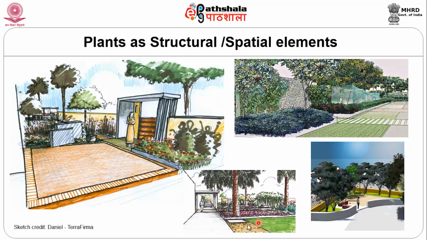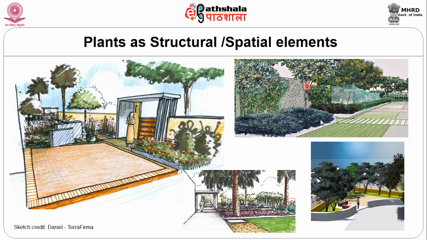It can also create or even accent entry points. It can highlight areas and any kind of points. And also we can arrange them, as you see in this play area, where all the trees are arranged at the edges, and the canopy itself gives a good shade for a particular seating space or even for a small play area as such.